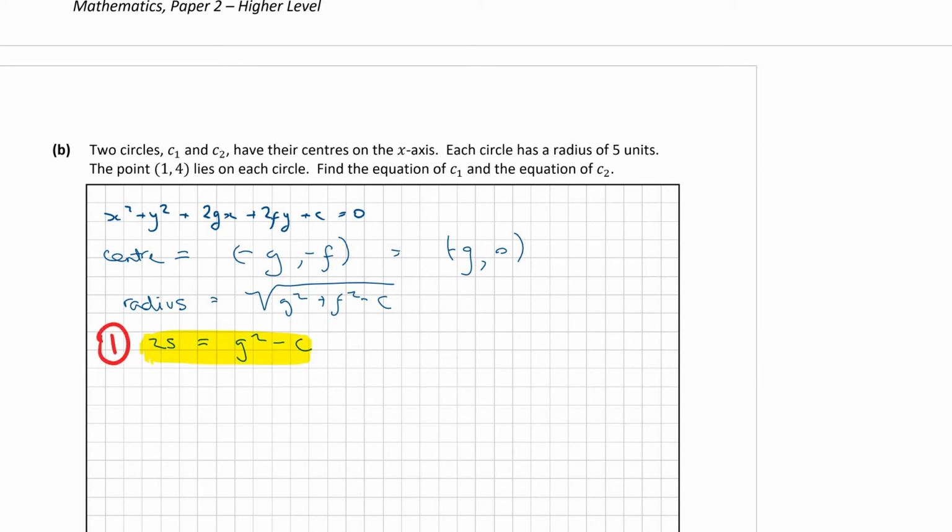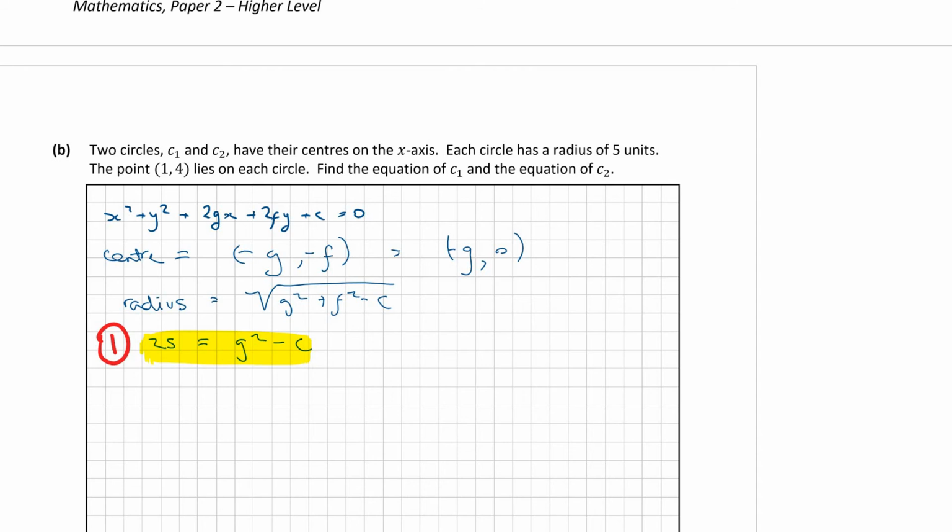I've got one equation in g and c. I don't need to find f, I know it's 0. I just need to get another equation in g and c to work out what g and c are. Because if you've got one unknown, you need one equation. If you've got two unknowns, you need two equations to find them.